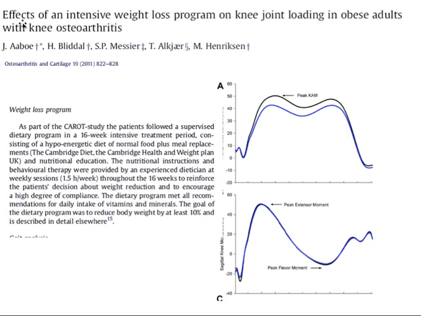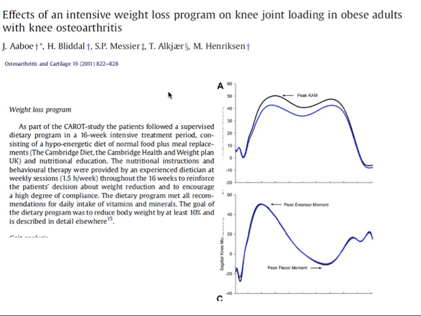Now here's another example of training to try to decrease the knee abduction moment in patients with OA. And in this particular example, they're focusing on weight loss programs. So there's no physical training except for that which is focused on aerobic training. And so this is in 2011. And we can see this is the knee abduction moment here, and then here's the knee extensor moment.